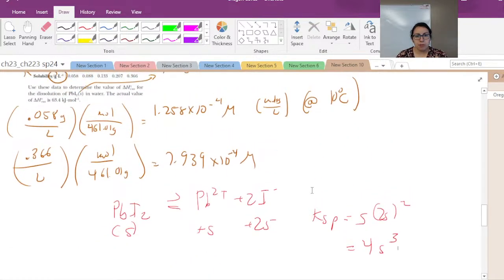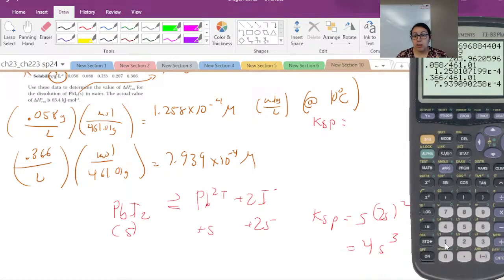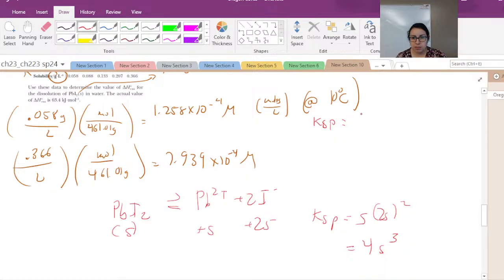So we could solve for our K's, so maybe that's easier. So let's find our KSP at this temperature. So I'm just going to plug that value in cubed. So 1.258 times 10 to the negative fourth, cubed, times 4. So there's our K1, so 7.96 times 10 to the negative 12.